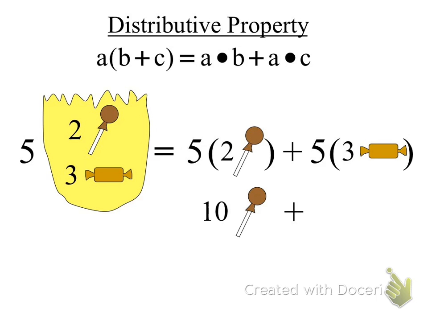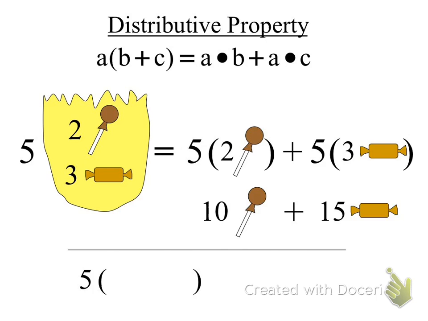Do you see why I can't add the 10 and the 15 together? Because they're different things. I've got suckers and Tootsie Rolls. I cannot add those together. In algebra, instead of using pictures, we use variables. So instead of a sucker, what variable can we use? X. Okay, instead of Tootsie Rolls, what?